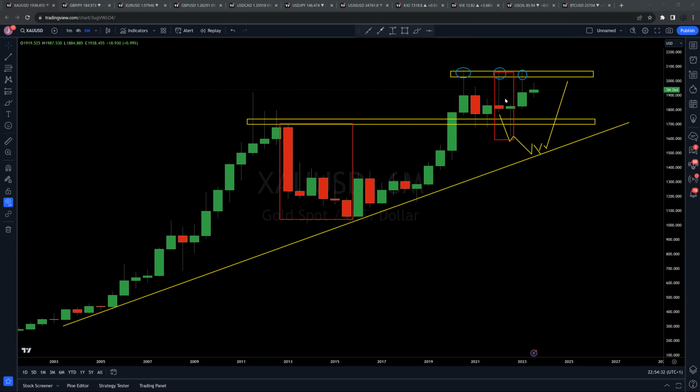So instead, we saw gold start to respect this bullish structure and go back up to these highs, but still fail to break above the 2000s. Now, you may be asking, well, clearly we need some important fundamental events to break out higher. What will those events be?